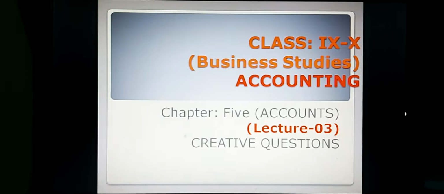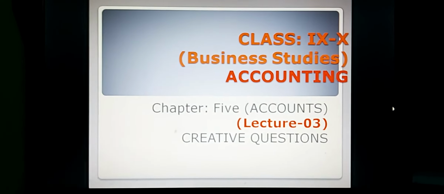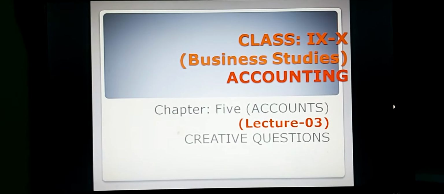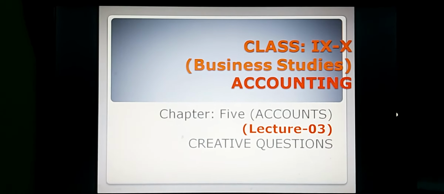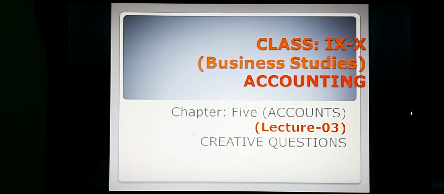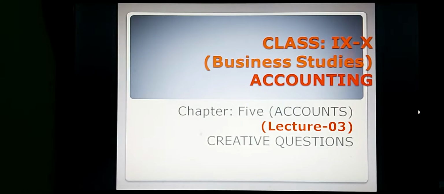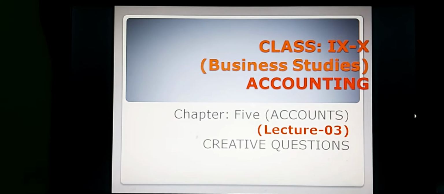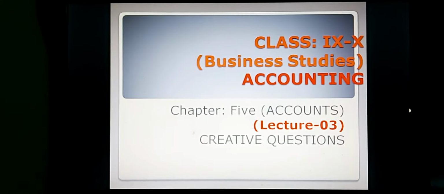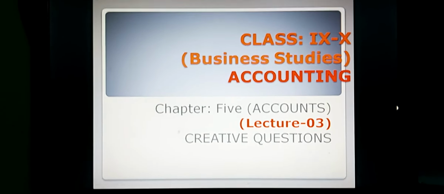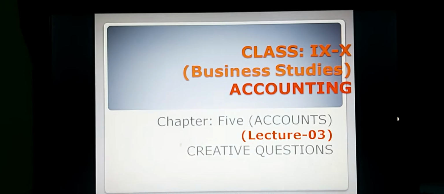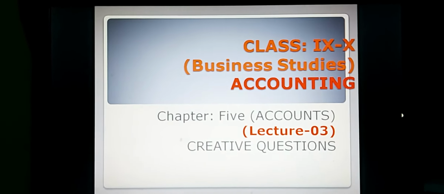You have already seen in the textbook from the stem you have to require 3 requirements or 3 questions to be answered. Requirement A, calculate the amount of opening capital from the above transaction or above information.